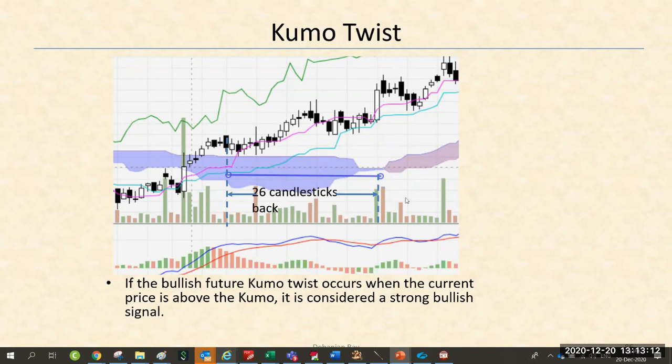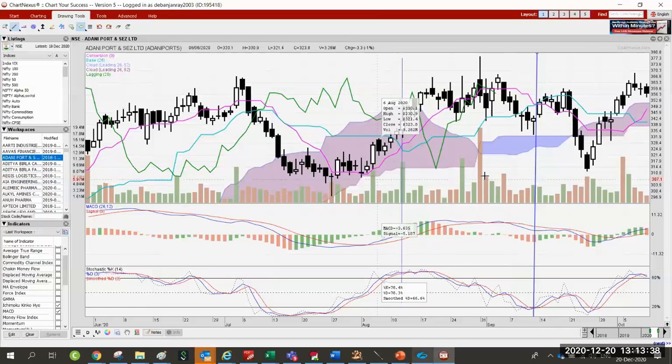So there are two types of Kumo cloud, bullish and bearish. Till now it was a bearish Kumo. And for this particular date, the price is above the Kumo cloud. And the future Kumo is going to be a twist, that means it is going to go from bearish to bullish. So this is the right time to buy. Let's now take some examples.